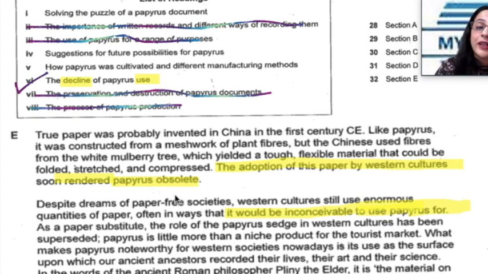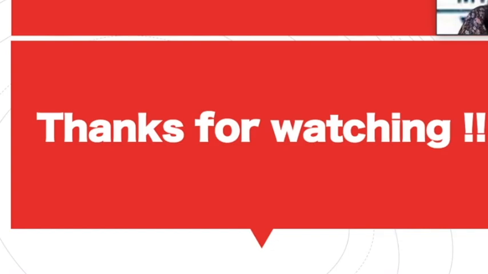So if it is obsolete, that means it is no longer in use and the usage of it is getting reduced with each passing day. It would be inconceivable to use papyrus for. So these are the places, the keywords where you can find the possible answers to these questions. I hope you have understood and you've got the right answers as well. And I thank you for watching this video.